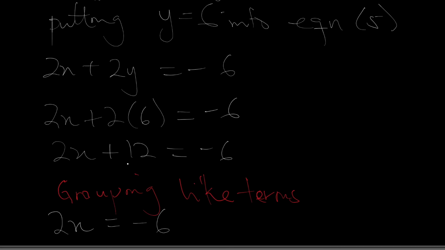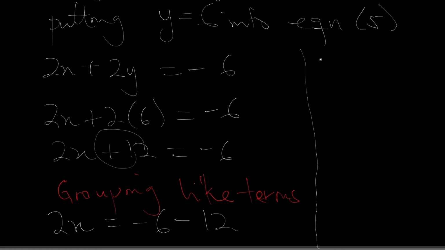Now 12 will cross the equal to sign to the right hand side. It becomes negative because it was positive here. When a positive number crosses the equal to sign, it becomes negative, and when a negative number crosses the equal to sign, it becomes positive. So in this case, our 12 is positive, it crosses the equal sign, and becomes negative 12.